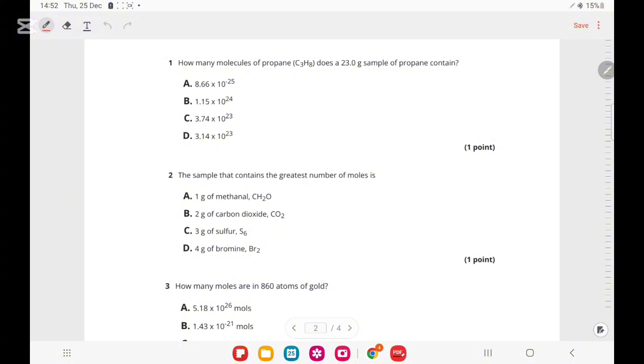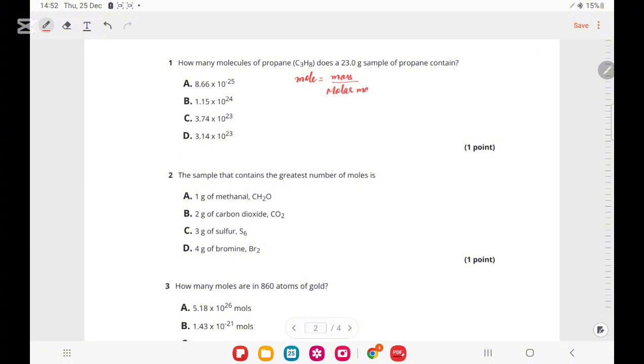So in this question, they ask us to find how many molecules of propane a 23.0 gram sample of propane contains. So first of all, they have given us the mass. So first we need to find the moles. In order to find the moles, moles is equal to mass divided by molar mass.